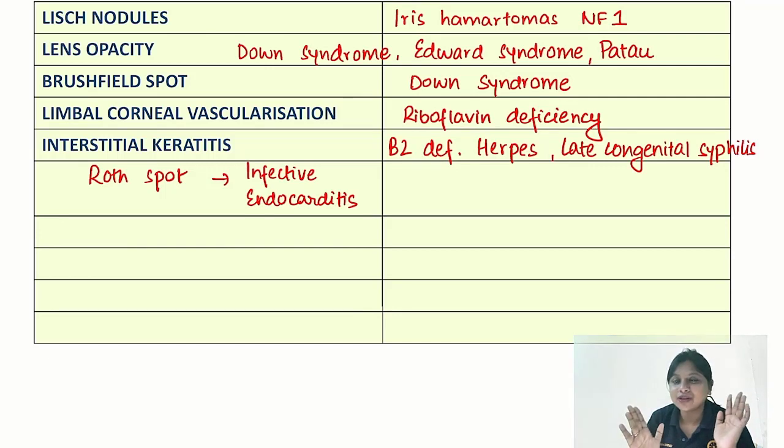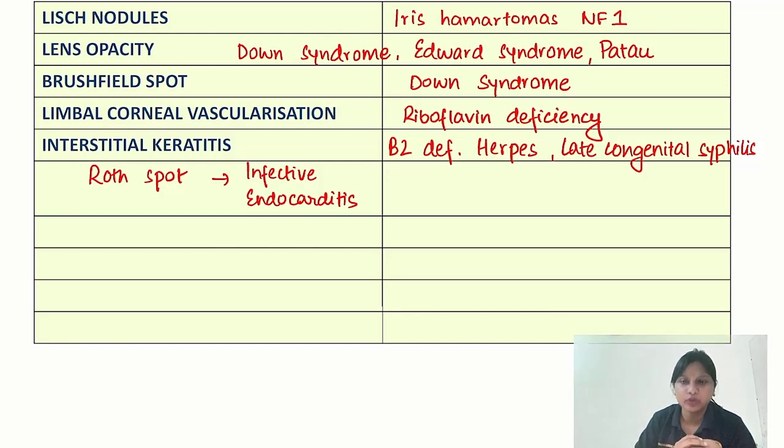So just remember Gandhiji's words: I'll hear nothing bad, I'll not see anything bad, and I'll not speak anything bad. So involving the ears, the eyes, and the tooth. Interstitial keratitis, Hutchinson's tooth, and eighth nerve deafness. This triad is known as Hutchinson's triad, and it is a feature of late congenital syphilis.